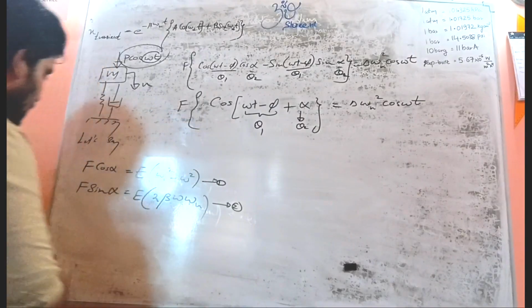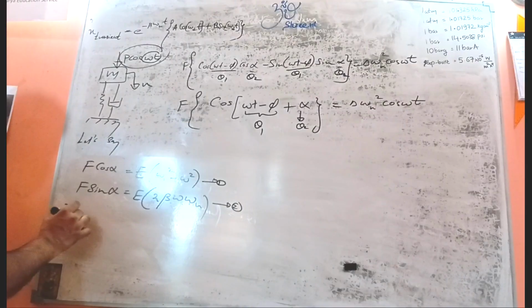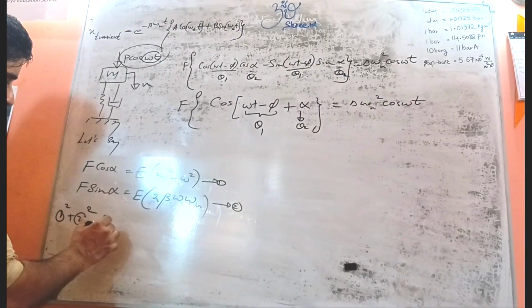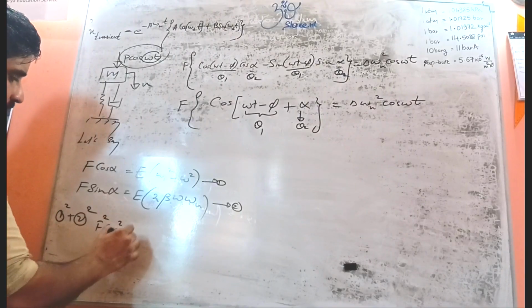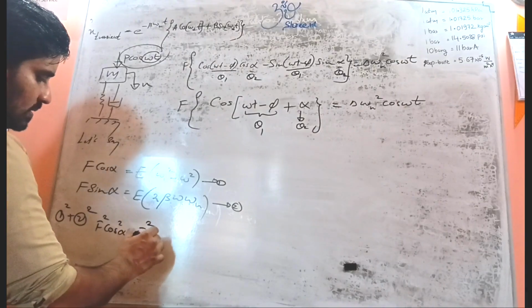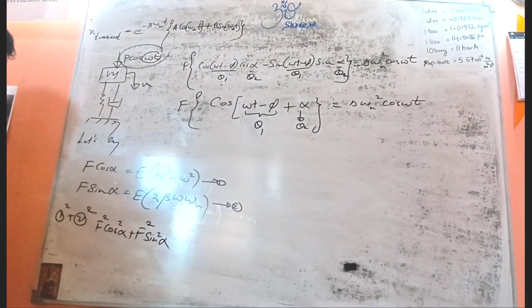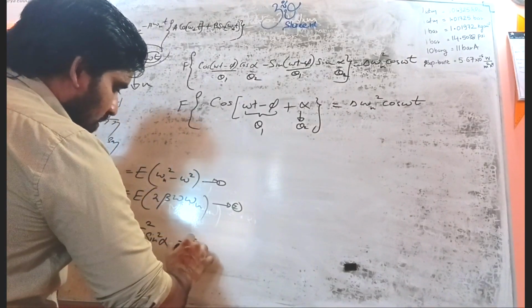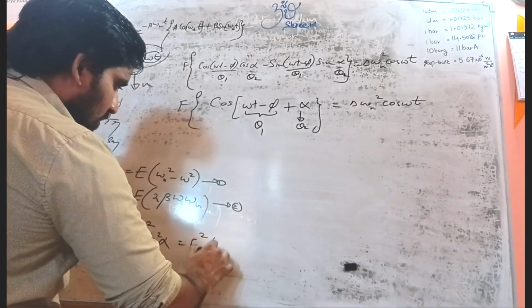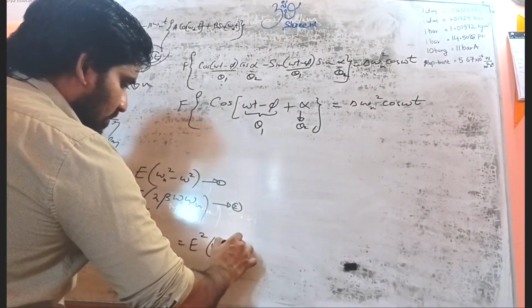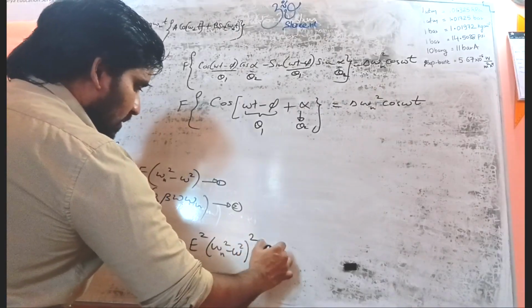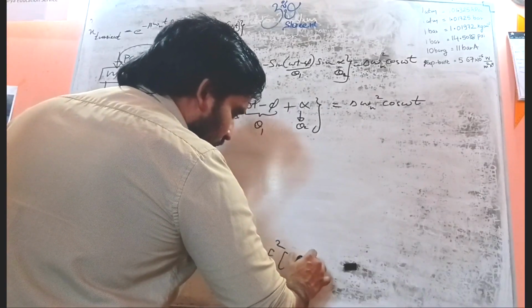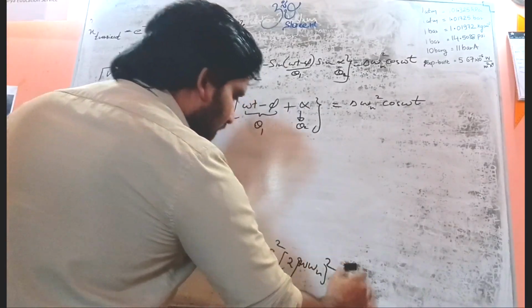So now let's square the first equation and square the second equation. So f squared cos squared alpha plus f squared sin squared alpha equals what? E squared times omega n squared minus omega squared, whole thing squared, plus E squared times 2 beta omega omega n, whole thing squared.